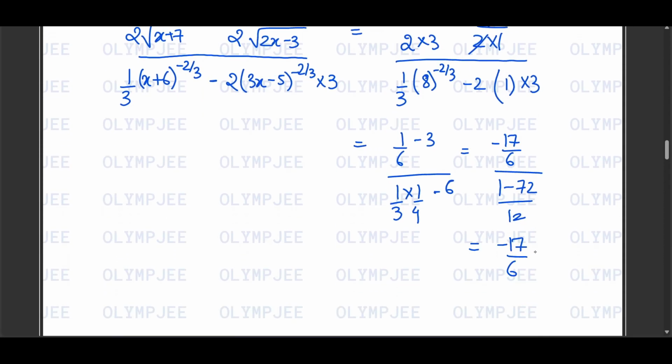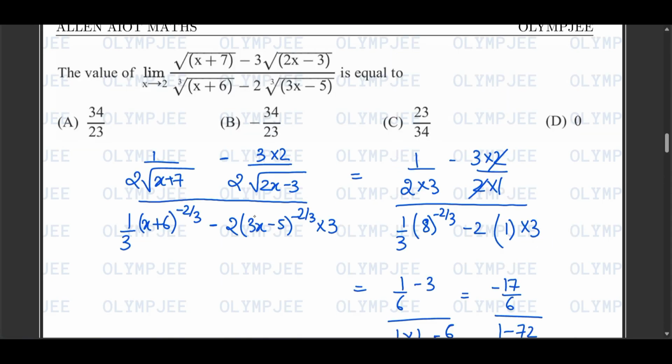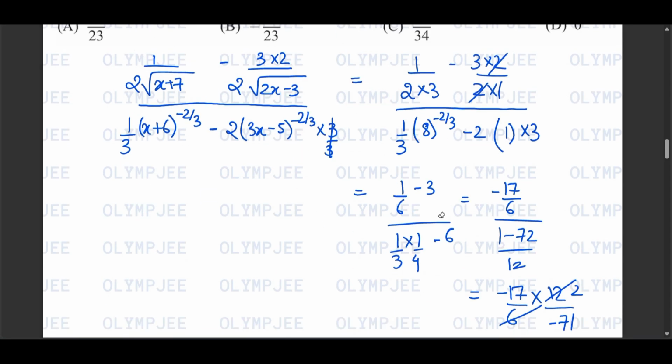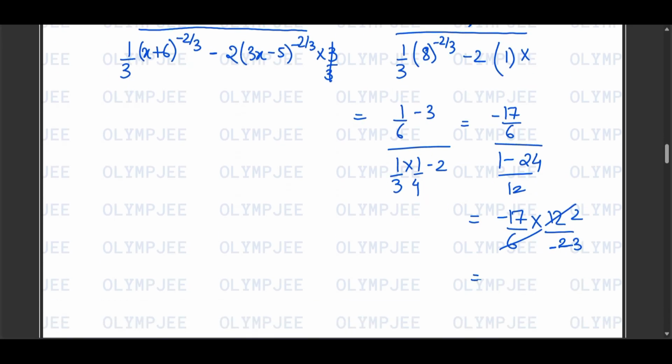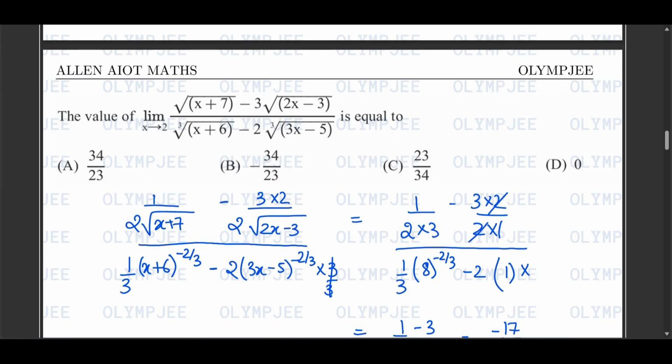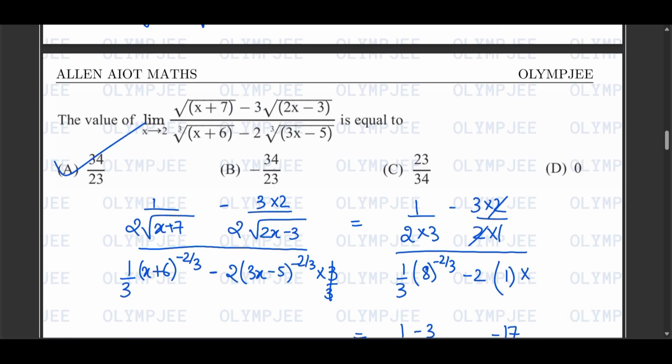Sorry, we missed a 1 by 3 here, so this would be 3 by 3, which would make this minus 2, so this would instead be 24, which would give us minus 23 over here. So this gives us minus 34 by 23 as the answer, which is option A. So this was an easy question.